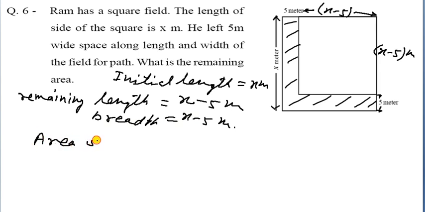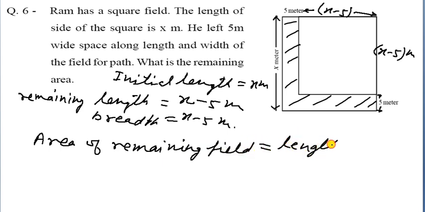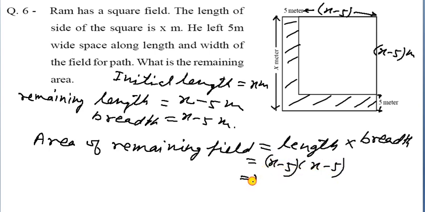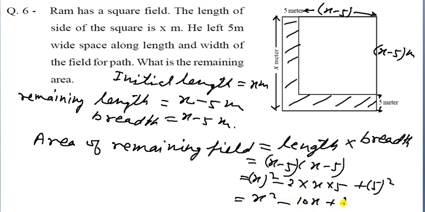Area of remaining field is equal to length into breadth. Length is x minus 5 and breadth is also x minus 5. So that one is x square minus 2 into x into 5 plus 5 square. Use the identity. So that one is x square minus 10x plus 25 meter square. So that is your answer.